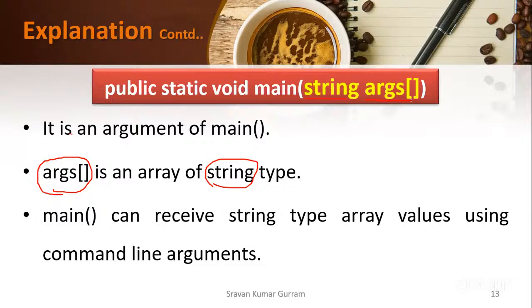We can pass parameters or argument values to the main method using the concept of command line arguments. This is a separate topic. With the help of command line arguments, we can pass arguments to the main method. So the main method must receive those arguments, right? That's why it has one argument called args. Args is a short form for the word arguments. That is a string type that is used to access the arguments at runtime while you are working with command line arguments.